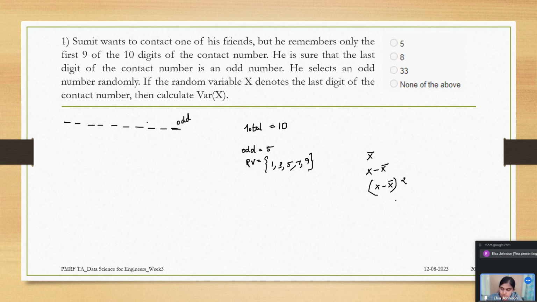So the expectation of x minus x bar the whole square will give you the variance of x. How will you find it? Has anyone found the answer?